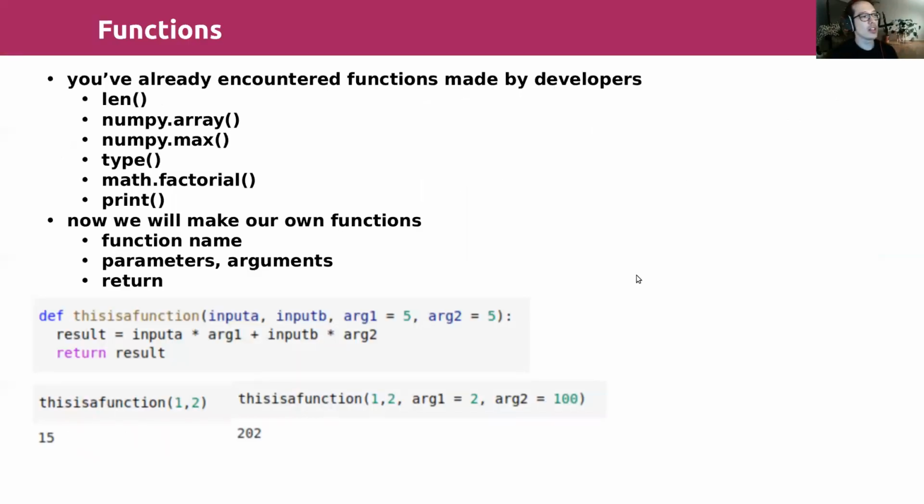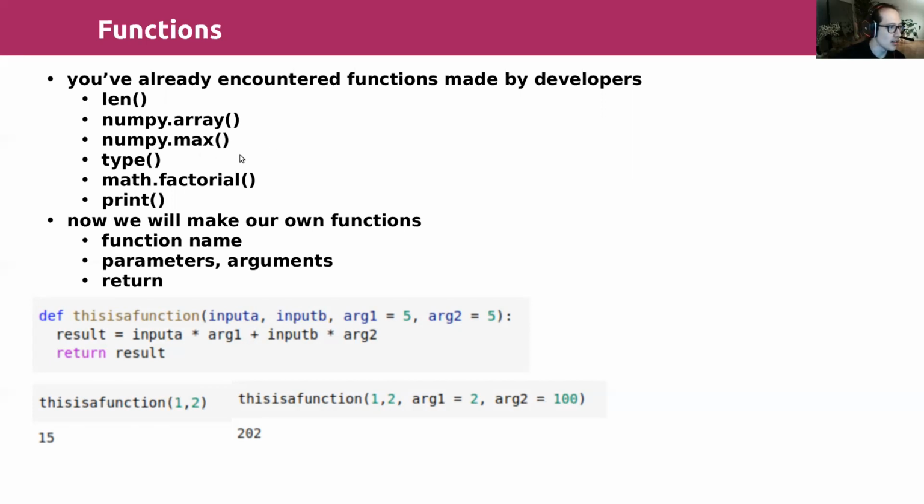Functions. So you've already encountered functions, at least those that are made by developers. And we've used some of them. len, to get the length of a list. We've used numpy.array just to create arrays, or np.array usually. numpy.max, for instance, if we want to get the maximum value in an array, or numpy.sum or mean.